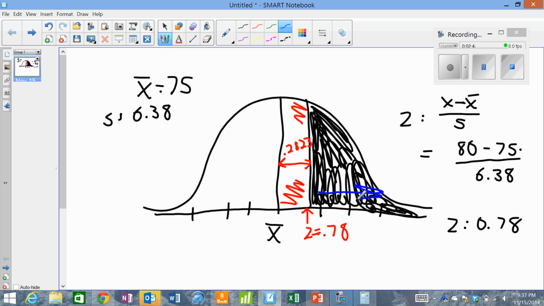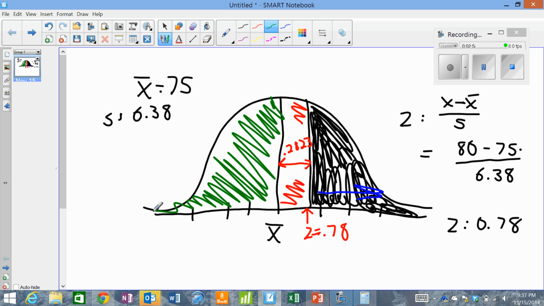So the first thing we need to do is figure out what's not shaded, and then we can easily figure out what's shaded. I'm going to change colors here. If I look at this area here in green, this is my mean and to my left of my mean. In a normal curve, everything on either side of my mean accounts for 50% of my data. So the area shaded in green is 50%, or 0.5, of my data.